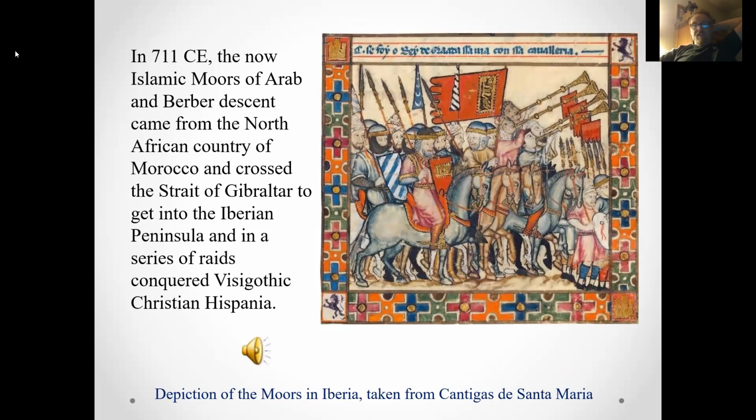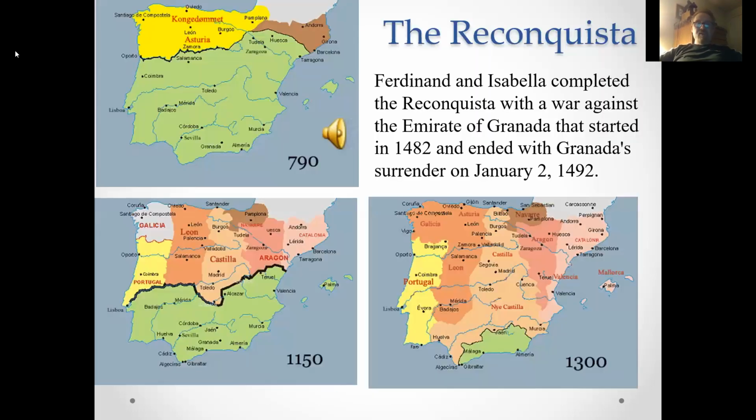Well, the thing about it is we have a lot of evidence of what's going on. We have these tapestries, these highly advanced Islamic soldiers carrying weapons far more advanced than what was in Europe at the time. This is a depiction here of Moors in Iberia. And so we know what was going on. We know about the bitter feuds and actual rivalries that were occurring in the area, which engendered the Crusades, and which saw the rapid decline of the Islamic Empire.